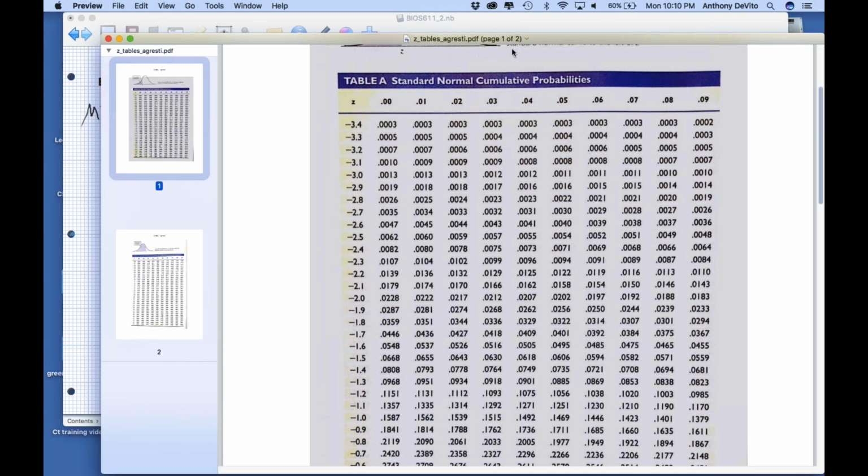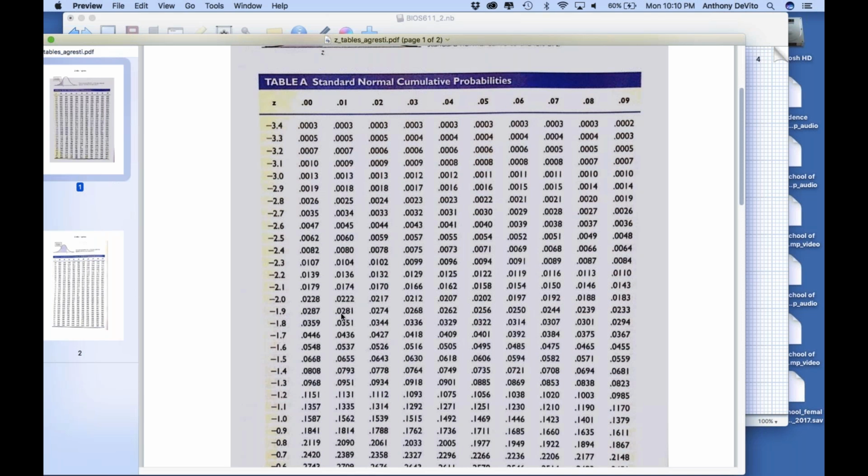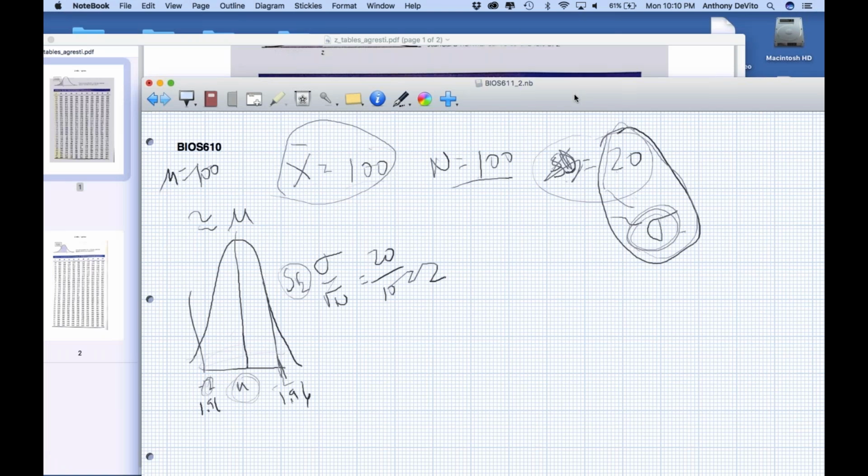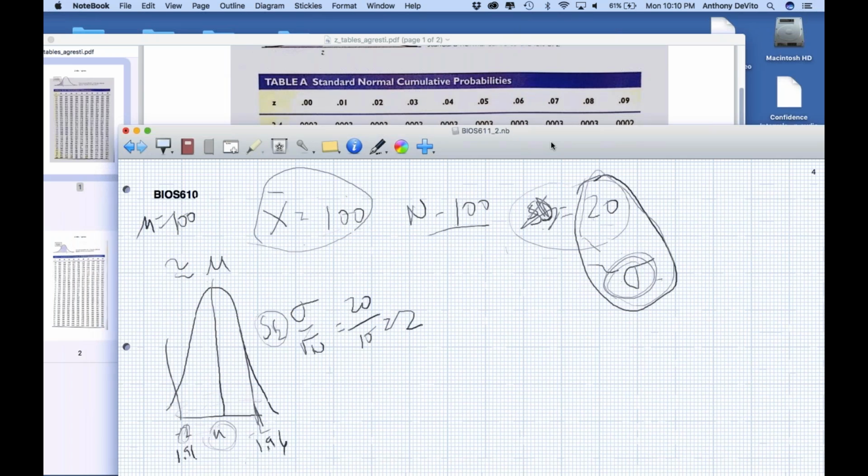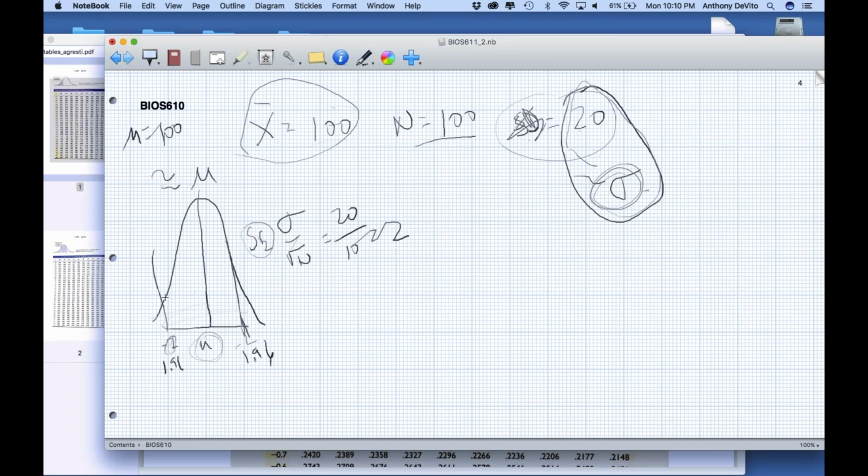Well, what would represent 2.5% of the distribution? Well, let's see. Where's 2.5% here? Right here. And what is that? That's 1.96, right? So a z-score of 1.96 standard deviations away from the mean is really what would represent 95% of the possible outcomes for these samples of size 100.